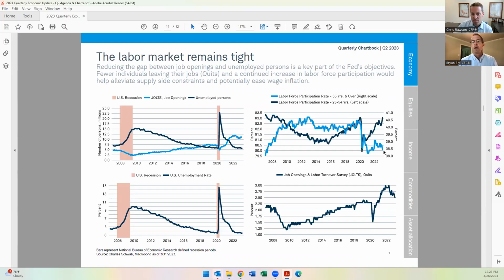So overall it's about net zero, but it's worth noting the participation rate of what folks consider the working age, 25 to 54. That's been steadily increasing since mid 2020.